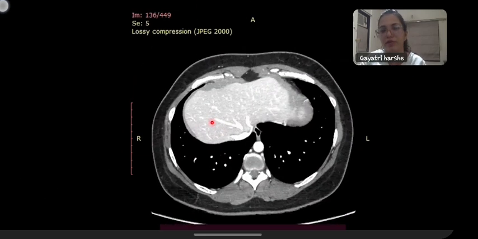So actually the segment 4B and segment 5 veins form the middle hepatic vein. It is joined by the segment 4A vein, and further, it is joined by segment 8. This is another segmental vein which is draining segment 8, but it is in the midline plane, so it is not very important. But this particular vein, which is of good size, is very important.